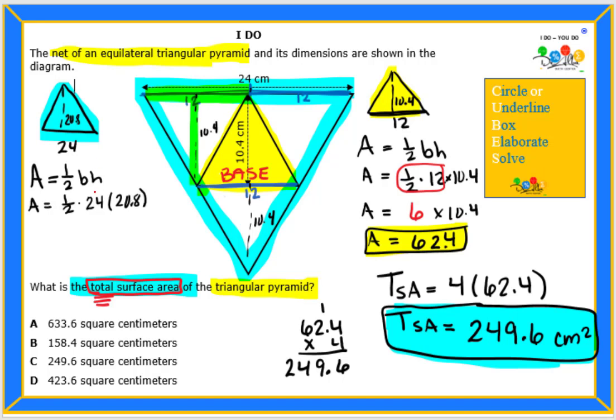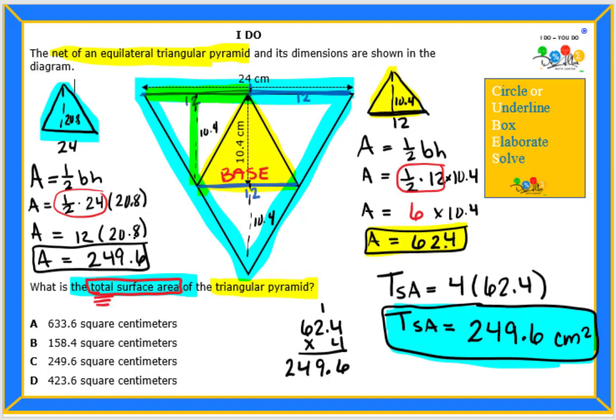So half of 24 is 12 times 20.8. And when we multiply those two numbers, we get 249.6. Okay, do you see that we got the same area?